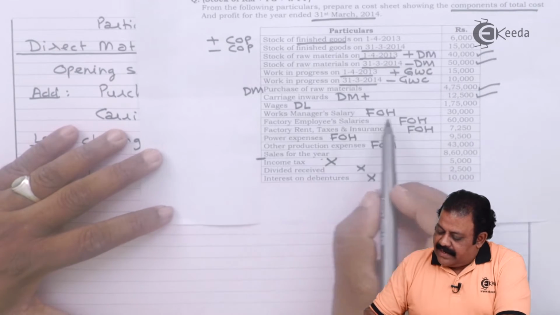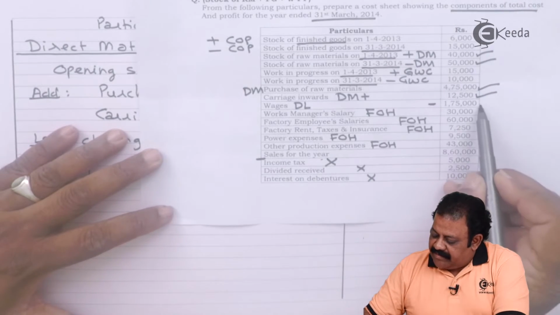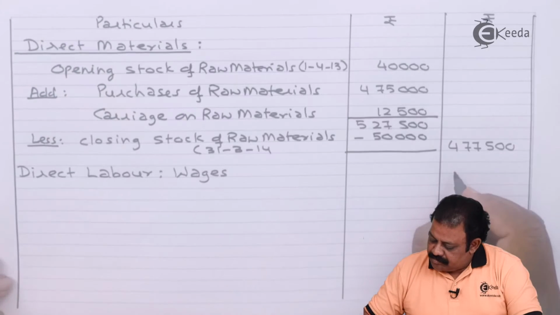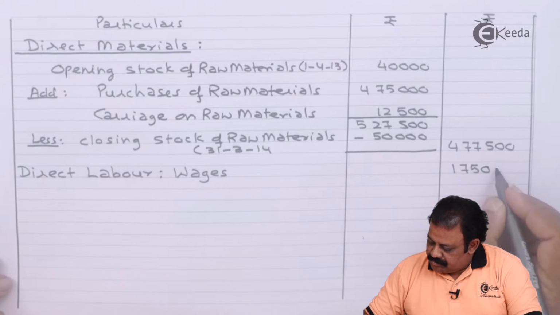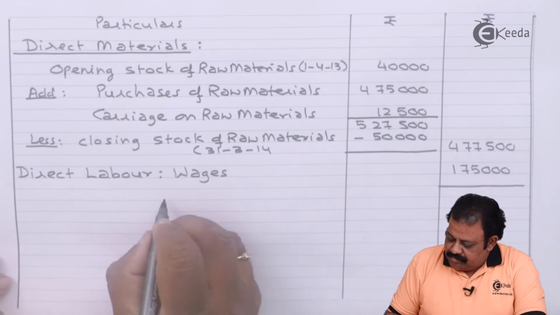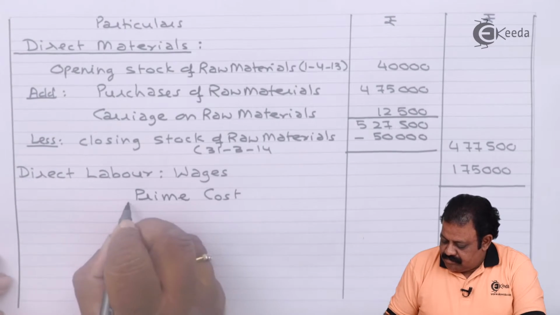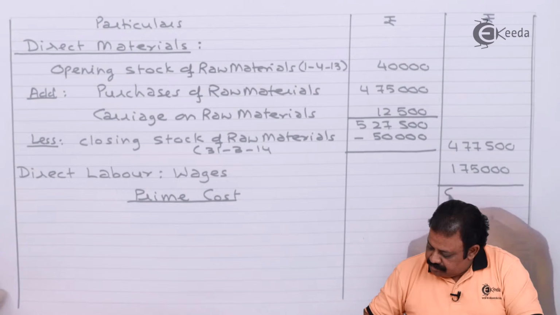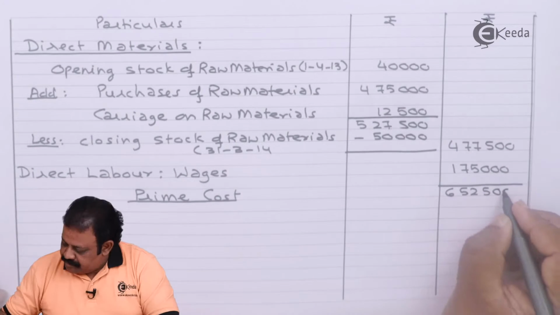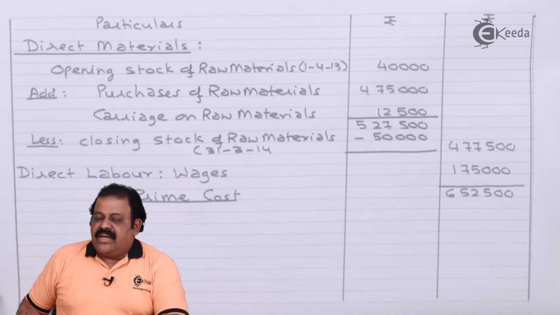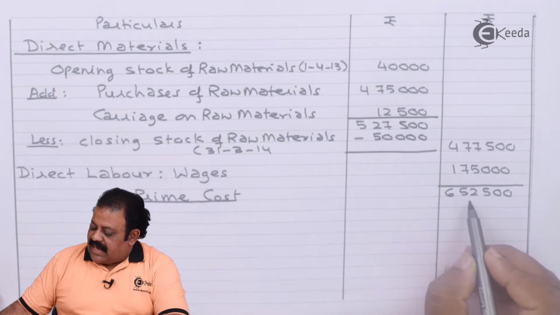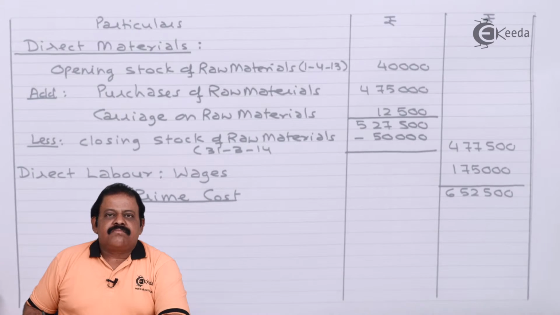Next item we'll have to take direct labor or wages. Here we have wages, direct labor rupees 1,75,000. Wages 1,75,000 added to direct material consumed, we got prime cost 6,52,500.